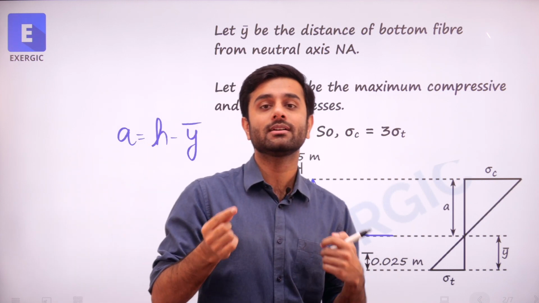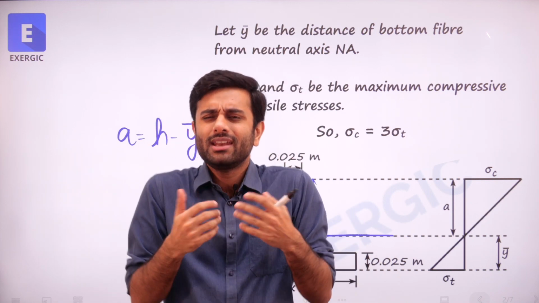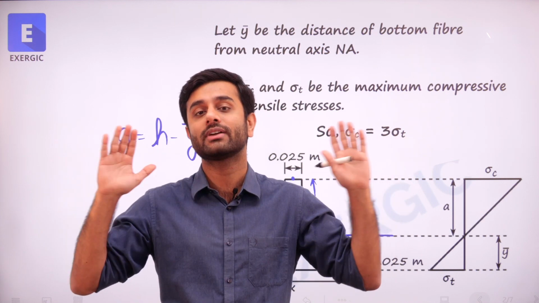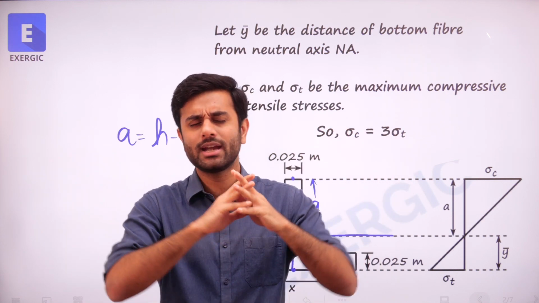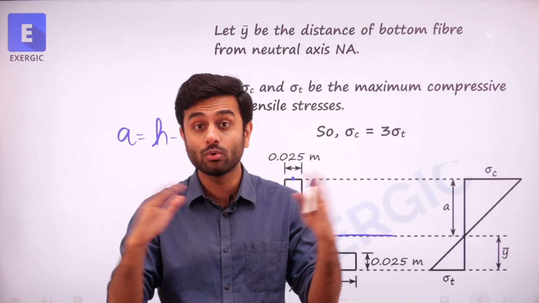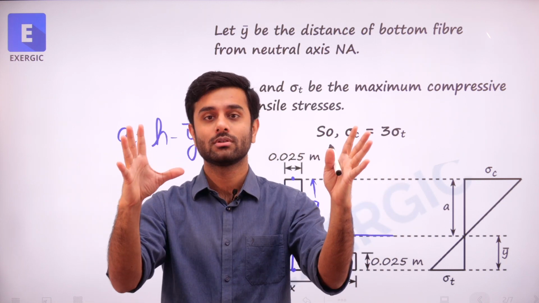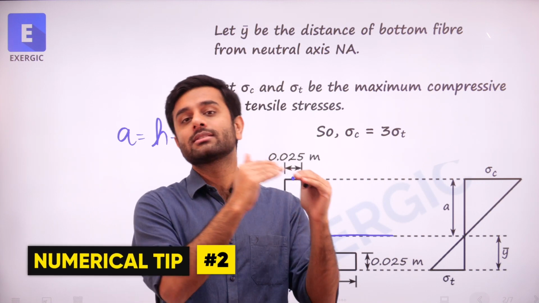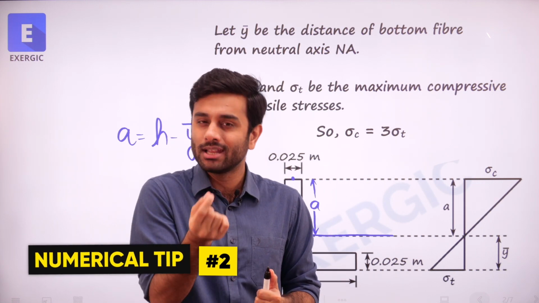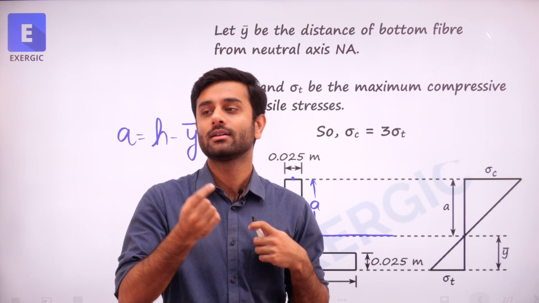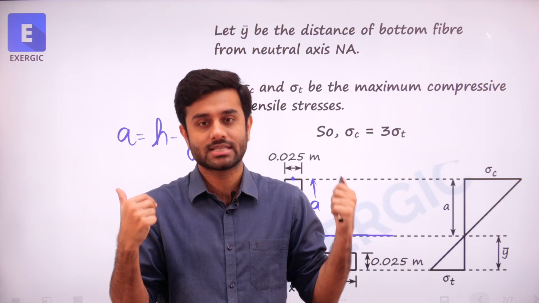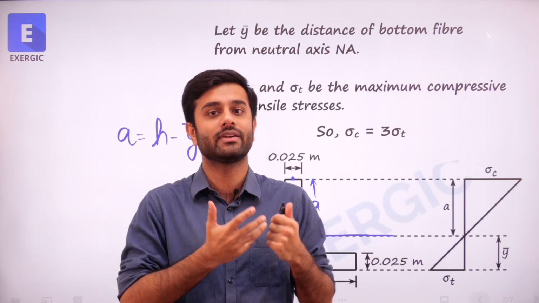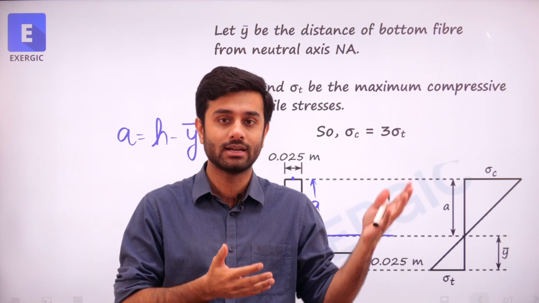But this is something that you can do inherently as a default mode in the questions of bending. Suppose a very difficult question came and you are clueless, you have zero clue how to start the question, what to do. Start by locating the neutral axis. It's a generic tip. Obviously, there will be 1 to 5% questions where this may not work, and there you may have to go by the other methods and ways that we have discussed and we will discuss.